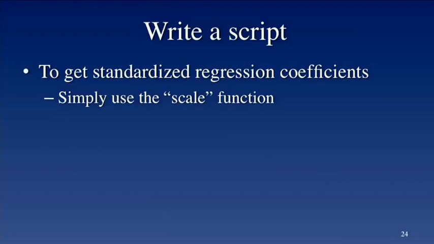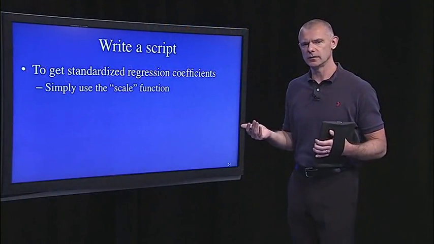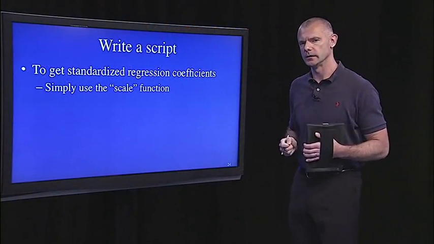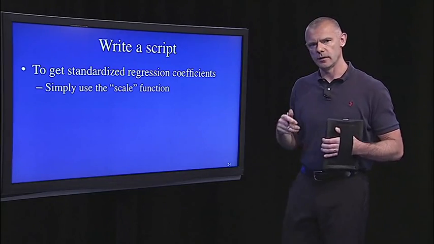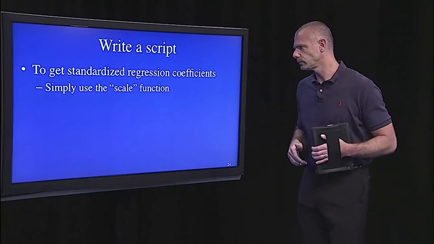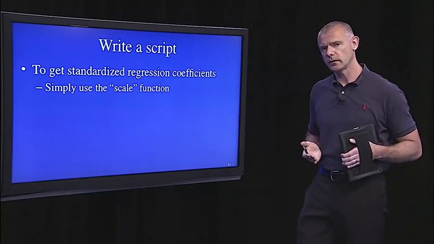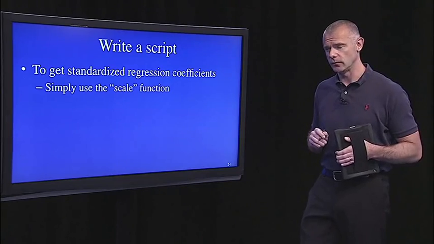You can't just point and click and randomly get results and try and interpret them. You have to really know what you're writing into the code, and you have to know how to read that output. So we're going to go in and fix the code to get the standardized coefficients.